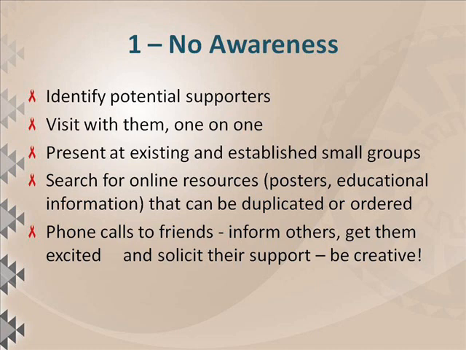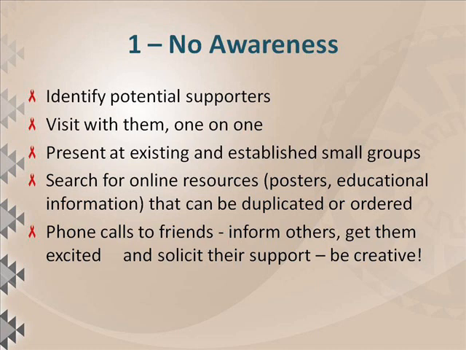Strategies that can be incorporated at this stage are to identify potential supporters who may be helpful in implementing strategies, visit with them one-on-one, present the information at existing or established small groups, do a search online for resources such as posters, educational information that you can duplicate or order. Make phone calls to your friends, inform them, get them excited, and solicit their support. Be creative.